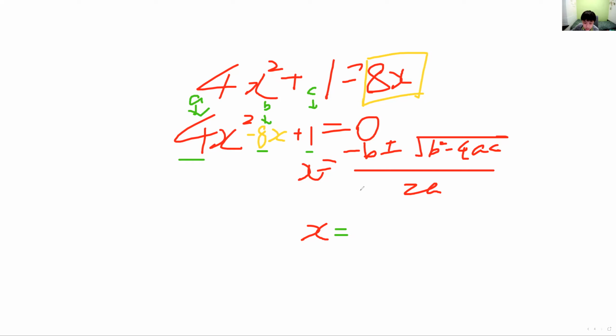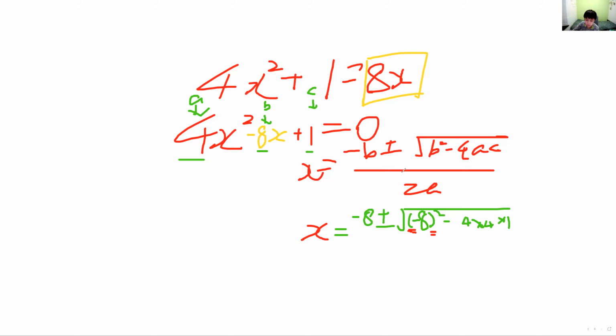Actually, I've explained it. And we just put all the numbers into the letters. So that means it should be -8 plus or minus square root of bracket -8 squared minus 4 multiply 4 multiply 1. Remember, there should be a bracket, or you will calculate it wrong.